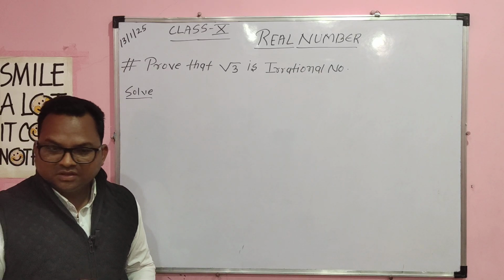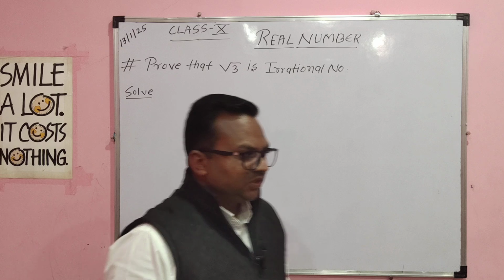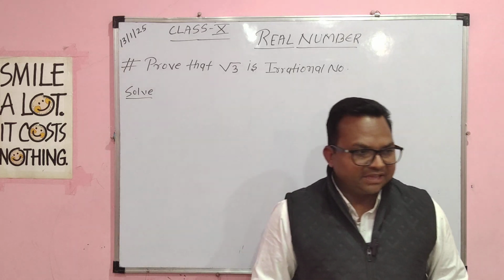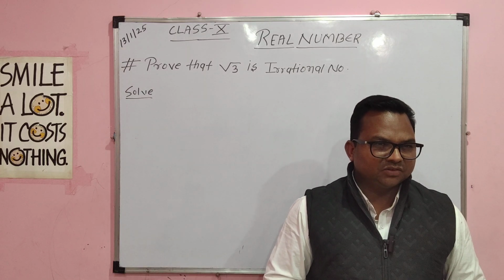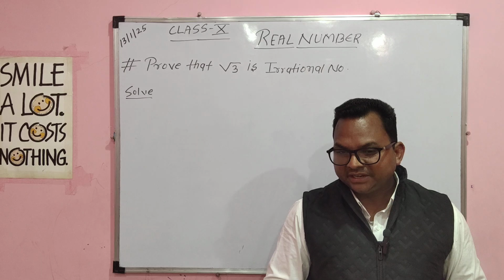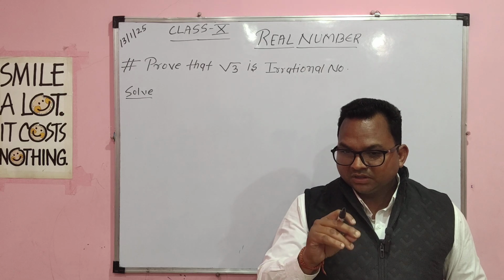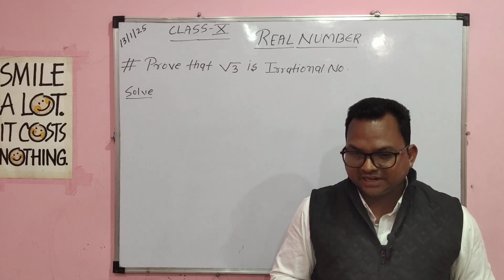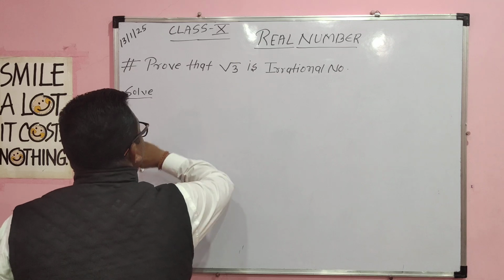Why do we write b not equal to 0? The reason is that if b is 0, then that number is not a rational number. Understand? Clear?